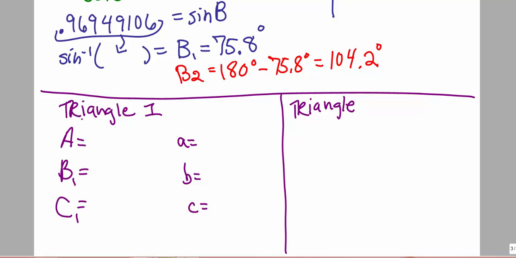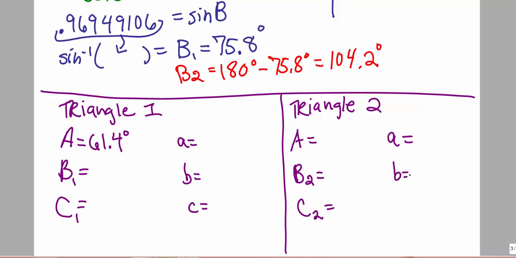Now in triangle 1, angle A was given to us, 61.4 degrees, and that's actually going to be true for both of these triangles. This is triangle 2. So angle A was given. Angle B for triangle 1, we're going to consider that to be that quadrant 1 angle that we got, 75.8 degrees.